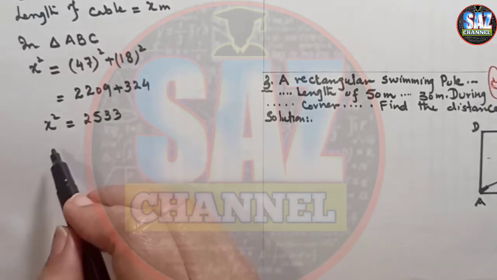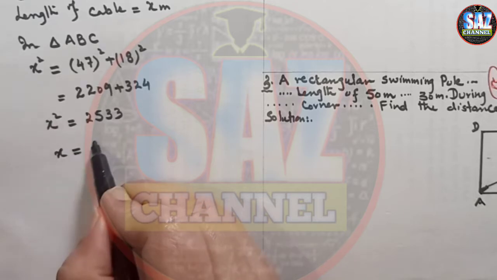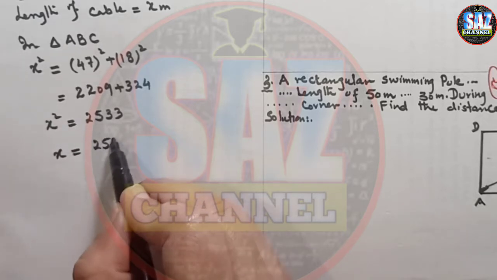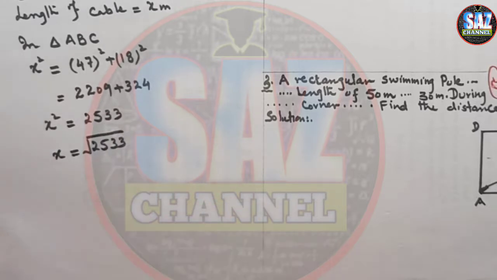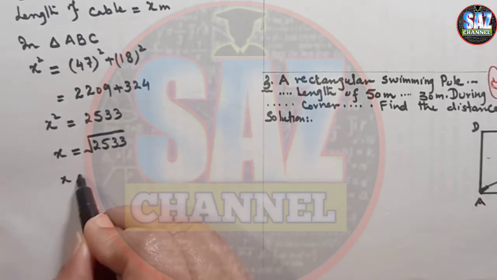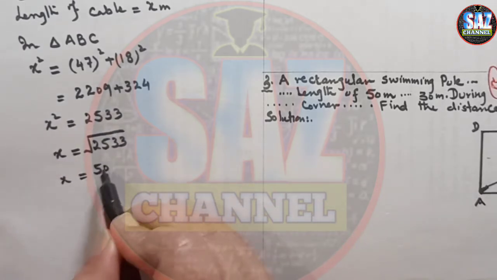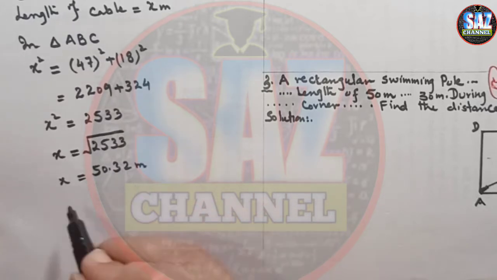Now in order to find the value of x, we have to take the square root on both sides, so I will be writing x equals square root of 2533. Take the square root, and this will give me 50.32. X equals 50.32, and this is in meters.